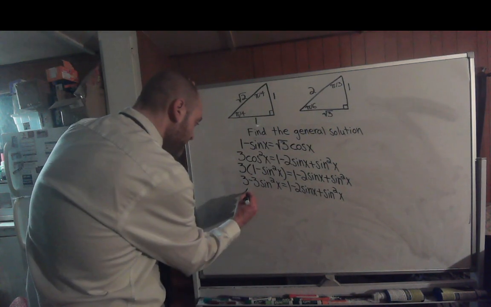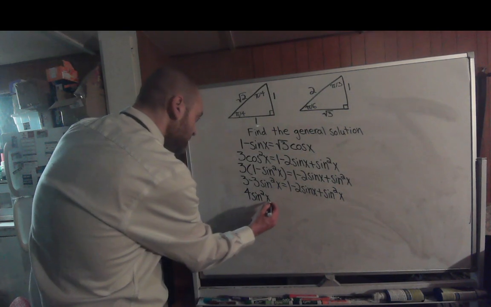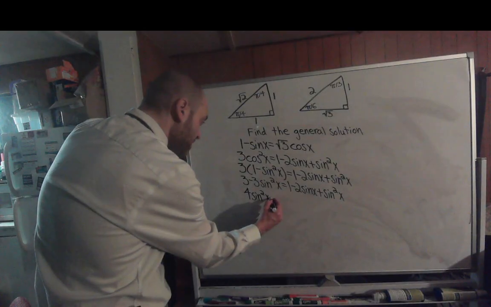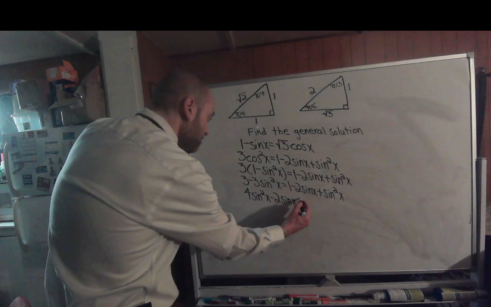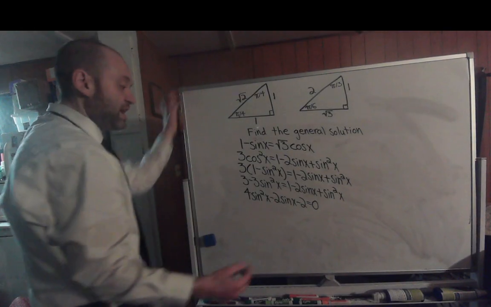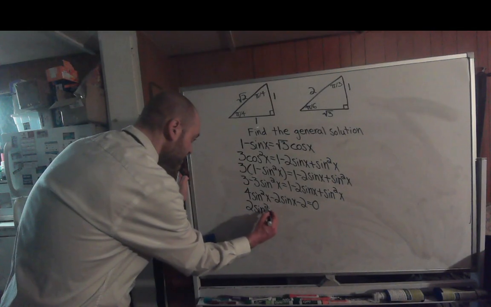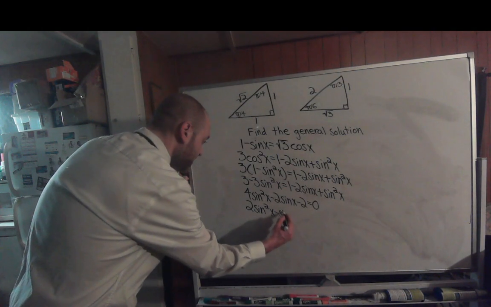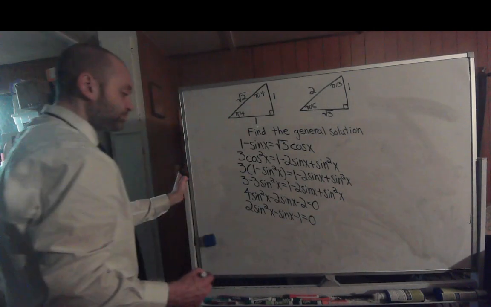which could simplify into 4 sine squared of x minus 2 sine of x minus 2 equals 0. Well, we could factor out a common 2. You'll end up getting 2 sine squared of x minus sine of x minus 1 equals 0.